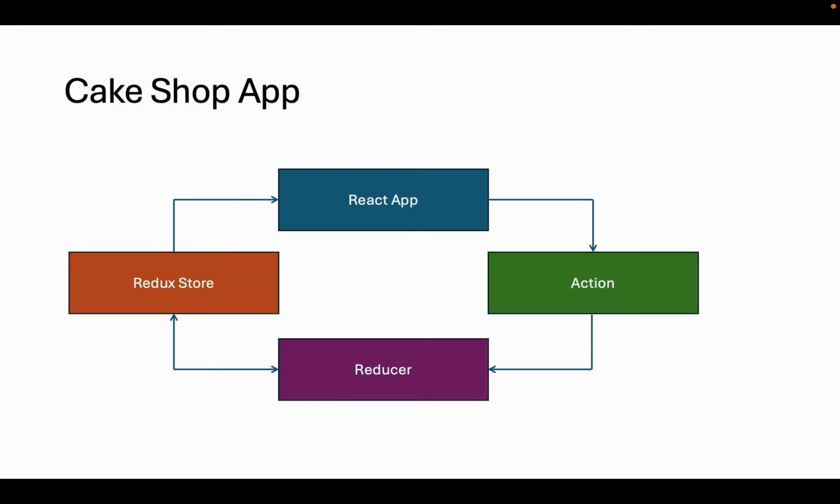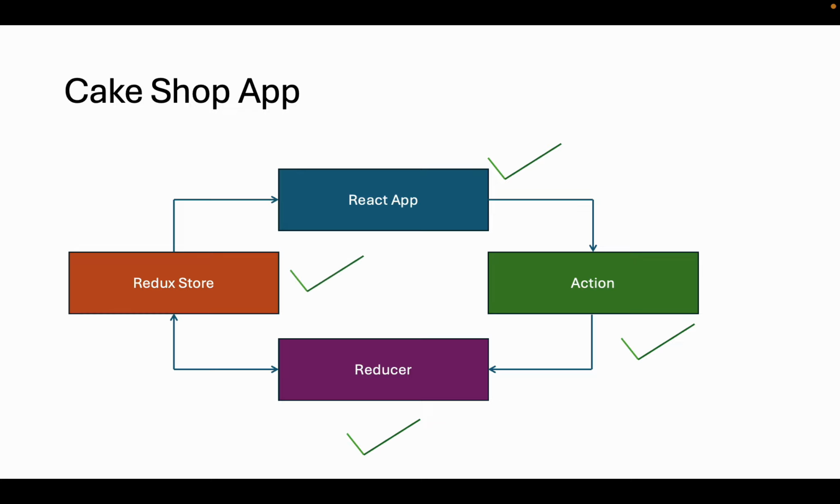As you know, in our last tutorial, we implemented our very basic first Redux store of our cake shop. Until now, we had created a React application with some necessary UI components. Secondly, we created action creators to dispatch actions to our reducers.